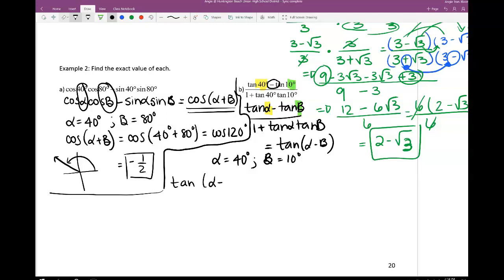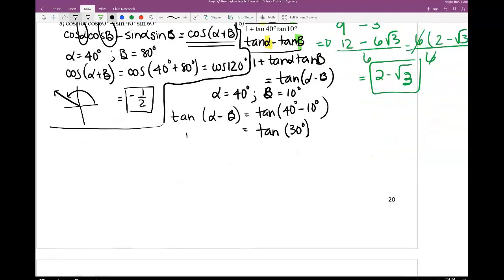I'm going to use the formula. Tangent of alpha minus beta is tangent of 40 degrees minus 10 degrees, which is tangent of 30 degrees, okay? So 30 degrees is in quadrant number 1, okay? So it's going to be 1 over 2.